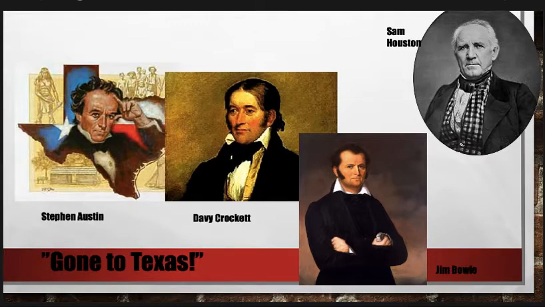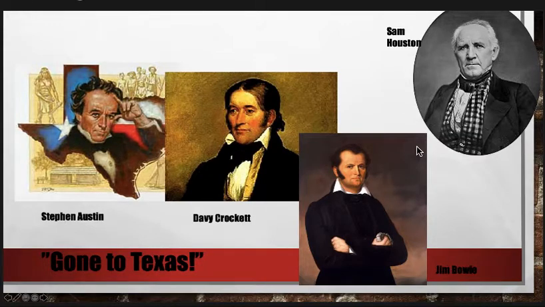But Jim Bowie, the presumed inventor of a very large knife called the Bowie knife. You ever heard of that? A lot of frontiersmen and hunters used it. It was called the Arkansas toothpick.